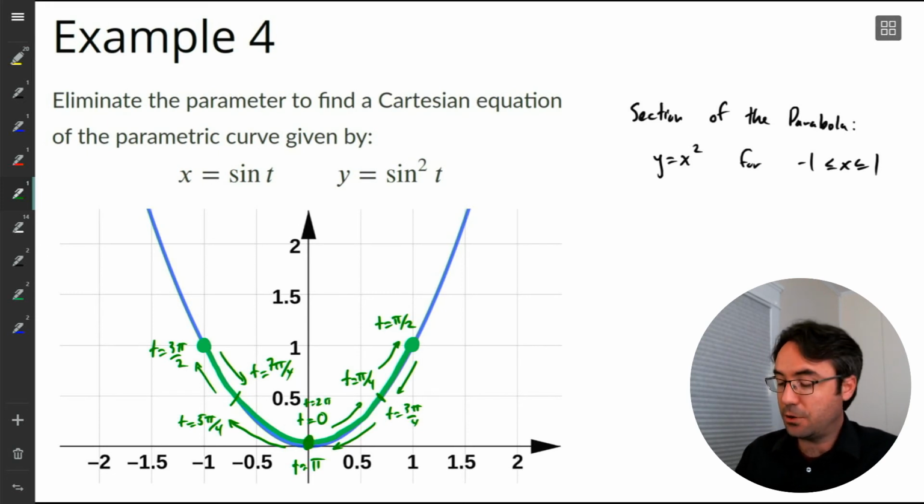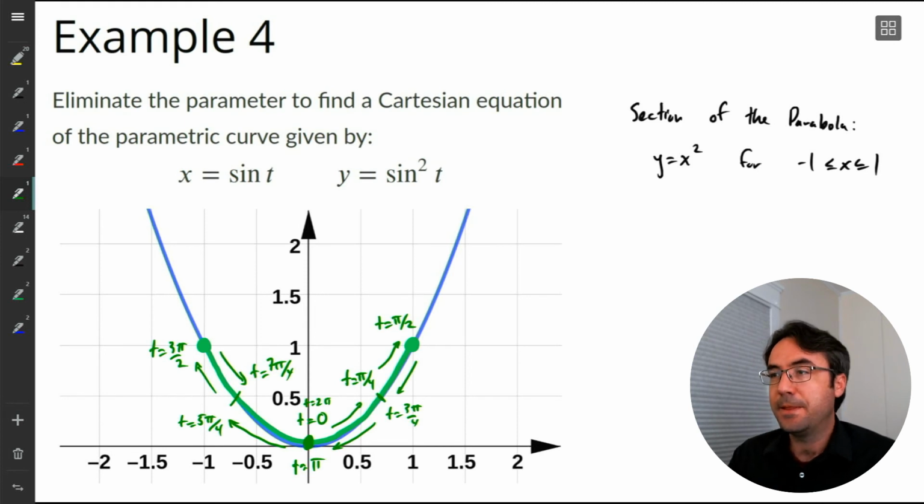And then there's no restriction here on t, so this just keeps repeating. So we have this particle that's oscillating back and forth along this parabola. So there's the geometry of the parabola, the collection of points that we're tracing out. But there's also a lot more information here. We have this particle that's tracing this parabola back and forth over and over again.